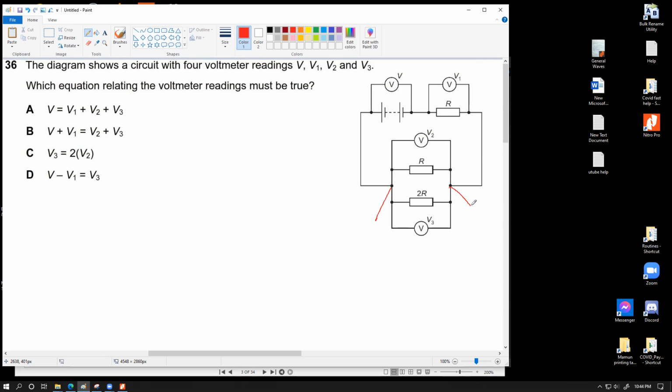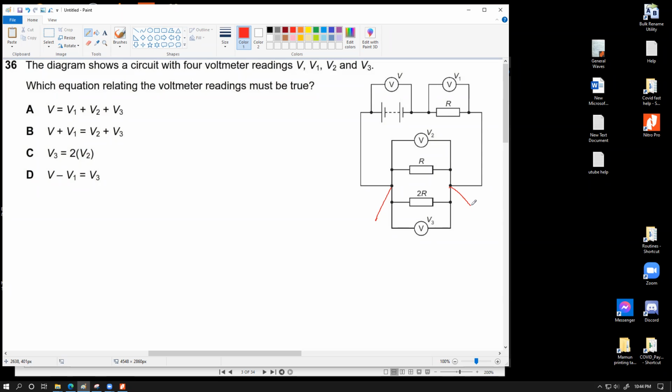V2 or V3. It will be V2 or V3. Beautiful. You cannot say it will be V2 plus V3 because they are not in series. Only in a series combination do you have the sum of the voltages. Here they are in parallel, so it cannot be V2 plus V3.